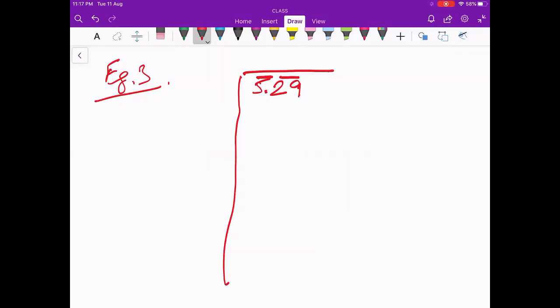Now again, as we studied in the previous examples, we will write the number 2 here because the square of 2 is 4, which is just less than 5. We get the remainder 1. We bring down 29. Here is a decimal, so after the quotient also we write the decimal.